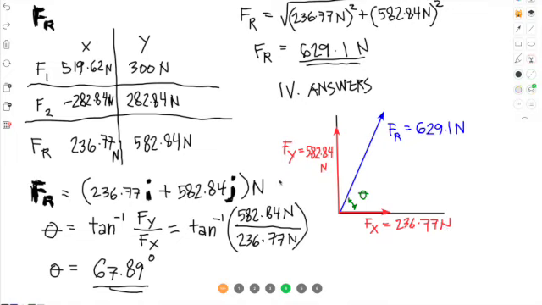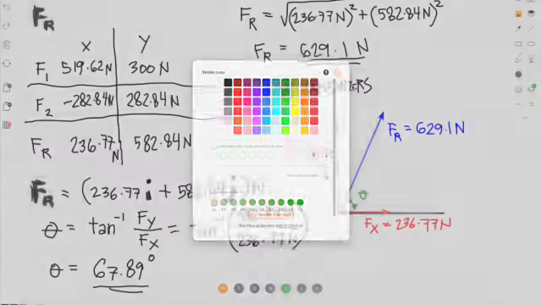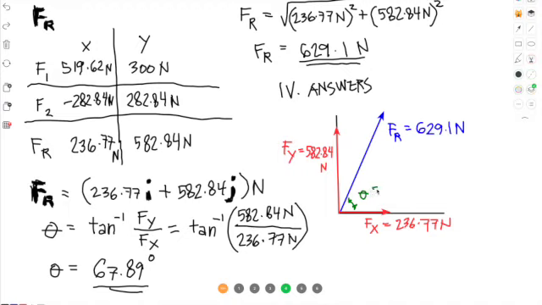So we found the angle by dividing opposite over adjacent. So this is our angle, the angle which is made with the x-axis, and we saw that as 67.89 degrees.